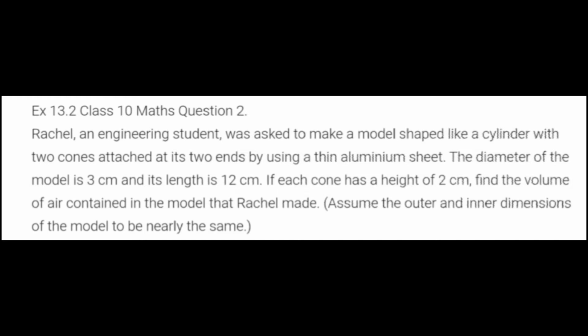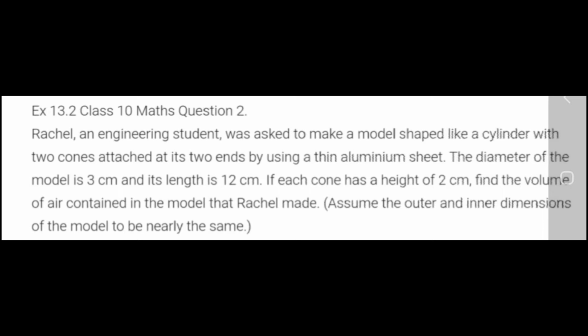The diameter of the model is 3 centimeter and its length is 12 centimeter. If each cone has a height of 2 centimeter, find the volume of air contained in the model that Rachel made. Here it is given, assume that the outer and inner dimension of the model to be nearly the same.